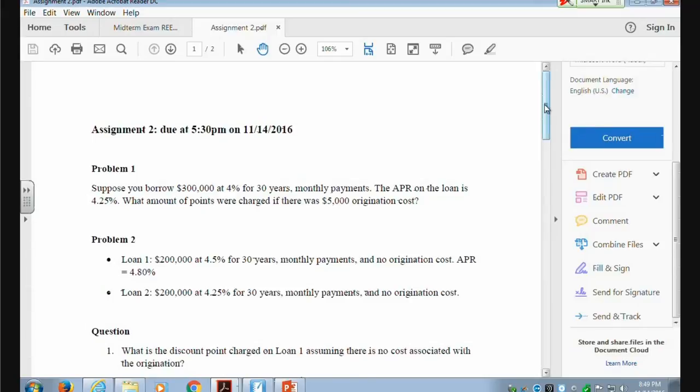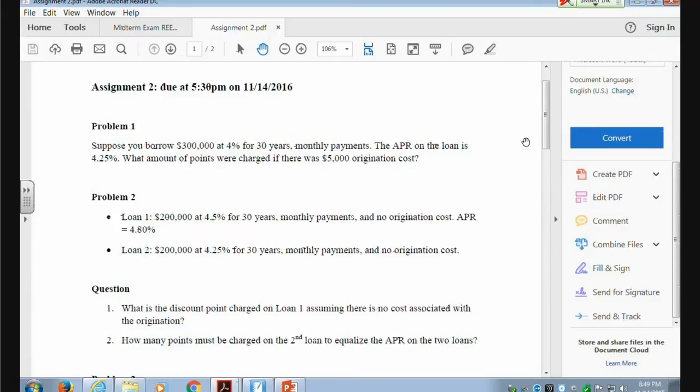For problem 1, suppose you borrow $300,000 at 4% for 30 years with monthly payments. The APR on the loan is 4.25%. What amount of points were charged if there was a $5,000 origination cost? For this question we know the APR is 4.25.